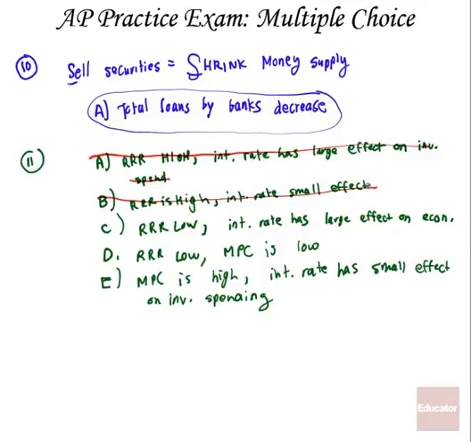Now, interest rates, do we want to have a large or a small impact? It's probably going to be a larger impact because if it's the case that more money is circulating into the economy, then if interest rates have a huge impact, then that means that more loans will be made out.